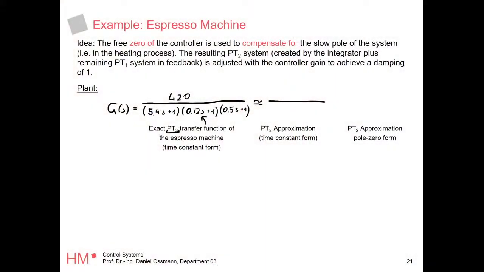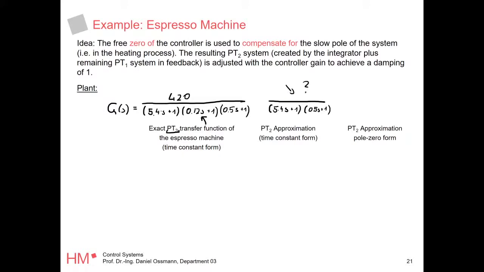We do an approximation, and the same thing we're going to do here to make our life a little bit easier. So we approximate this with 5.4 S plus 1 and 0.5 S plus 1. Okay, what goes here? Question to you. Should be really straightforward.